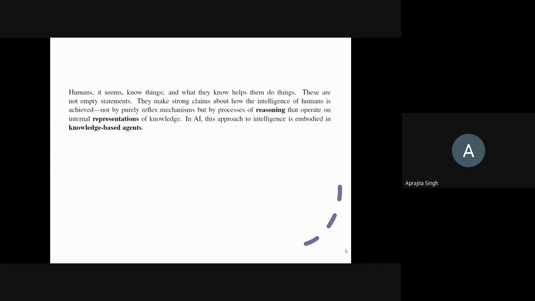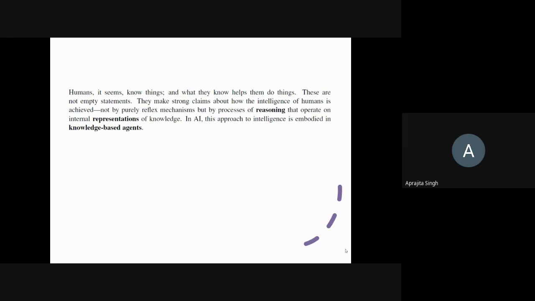Okay. So we are talking about artificial intelligence. So here, humans, it seems, know things. They collect information from the environment over past experience, and what they know helps them do things, isn't it? And these are not empty statements. They make strong claims that the intelligence of humans is achieved not by purely reflex mechanism, but by processing of reason.